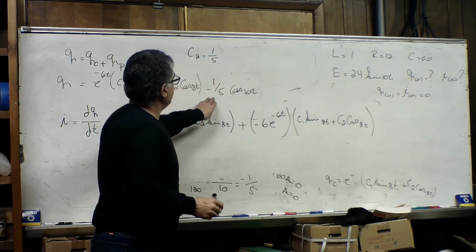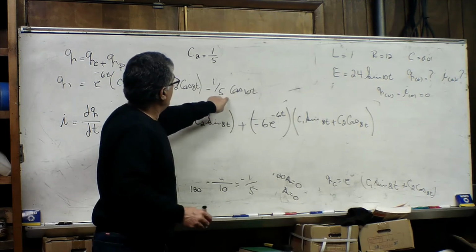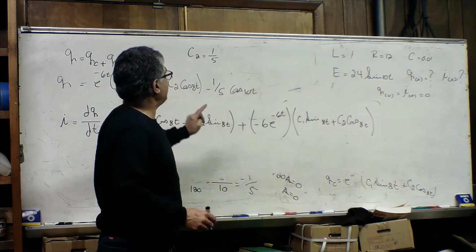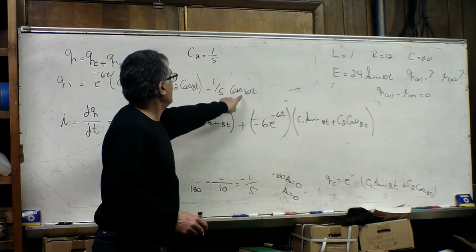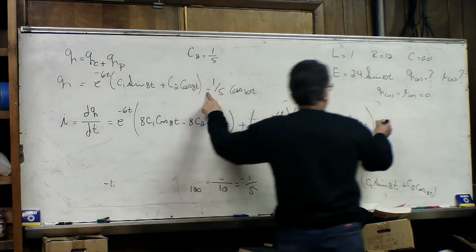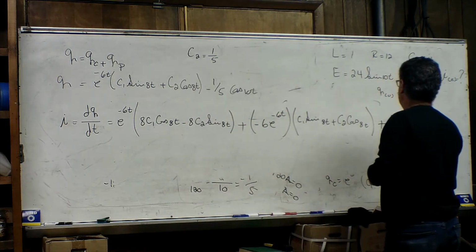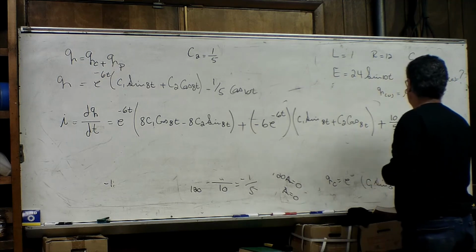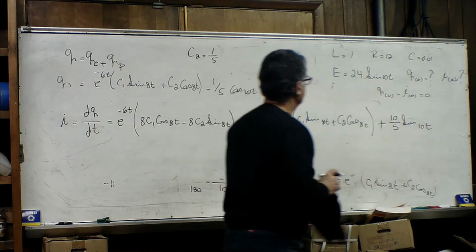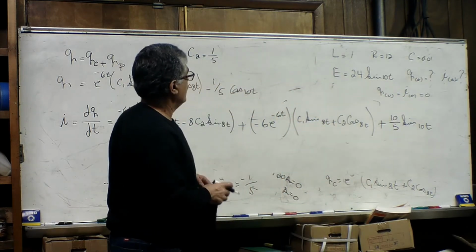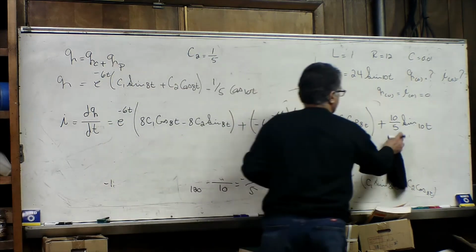Then minus the derivative of that. Derivative of cosine 10t is minus sine, so minus and minus will become plus. So it will be plus 10 divided by 5 sine of 10t. So 10 divided by 5 is 2.